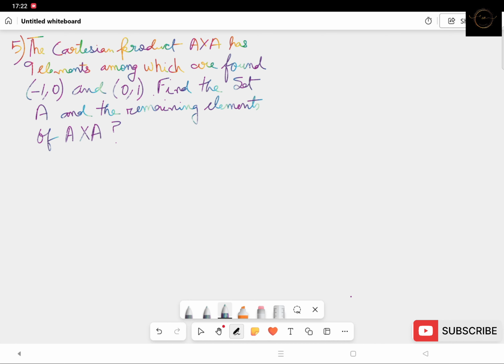Coming to the next question. The question says the Cartesian product A into A has 9 elements, among which are found -1, 0 and 0, 1.